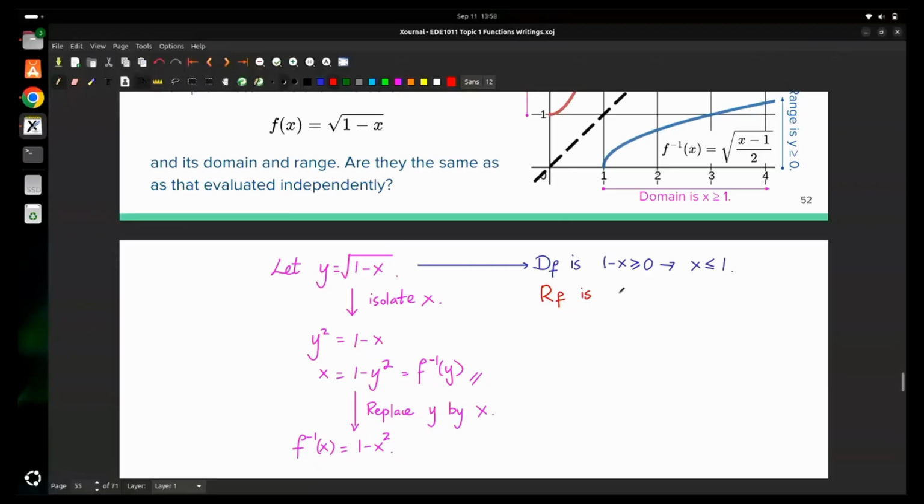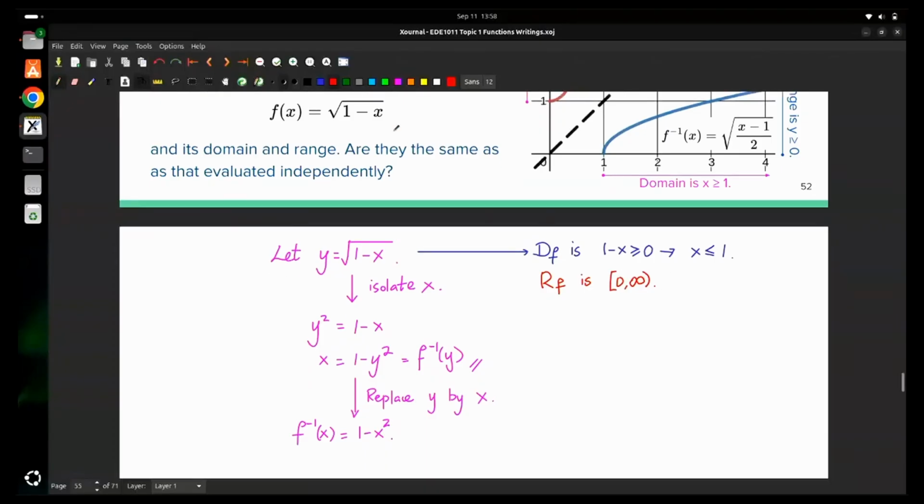Then the corresponding range of f is, because it is a root, y more than or equal to 0. Let me just stick to this notation. So what is the domain of f inverse?